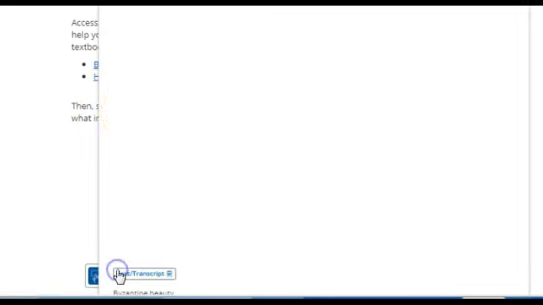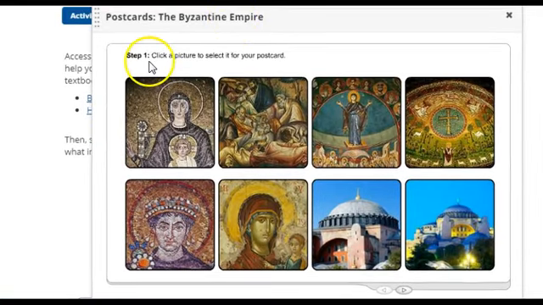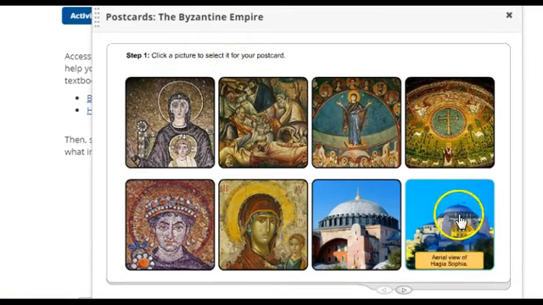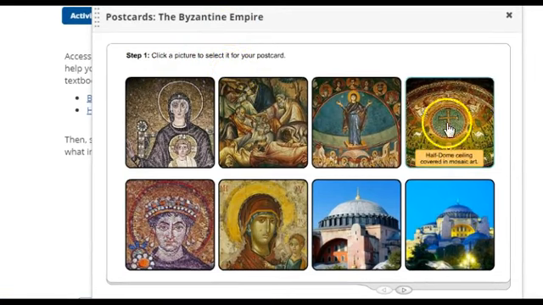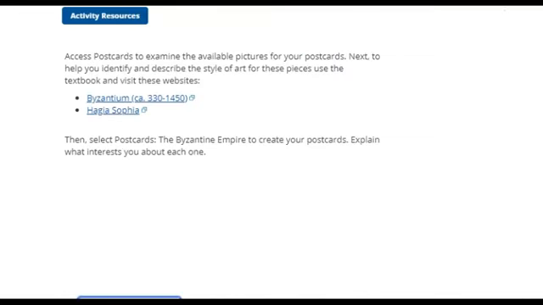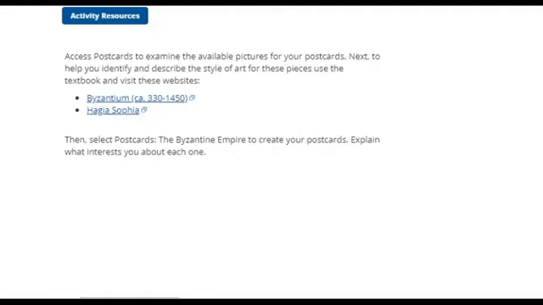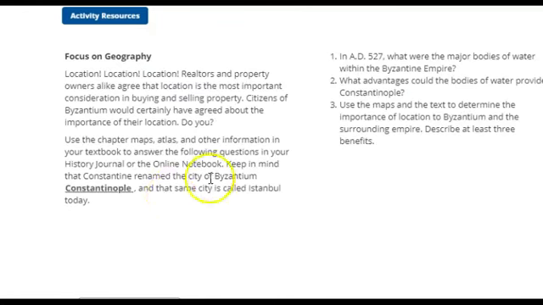Here at the bottom are the postcards that you're going to be creating. And you're going to click a picture. Remember, you have to select 1 of each type. That was a mosaic, a fresco, an image, and what was our 4th one? Fresco, mosaic, a building. Okay, so remember that you have to select 1 of those.